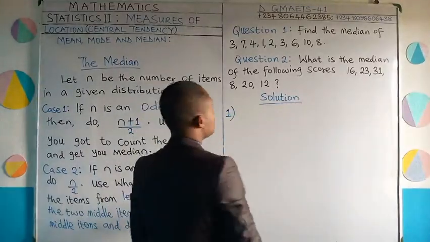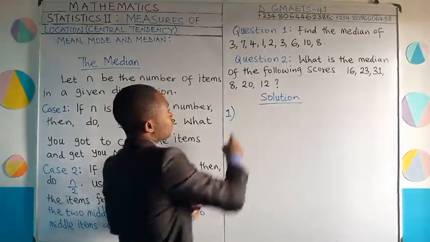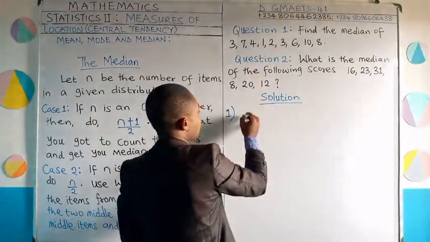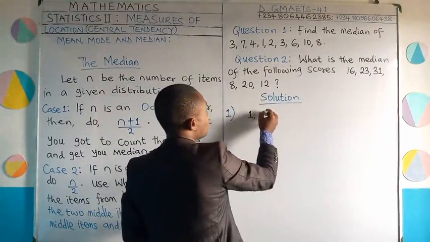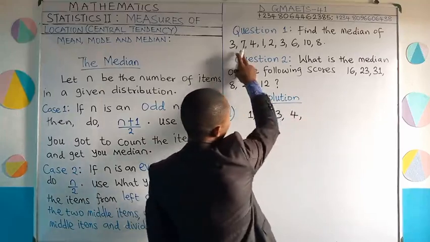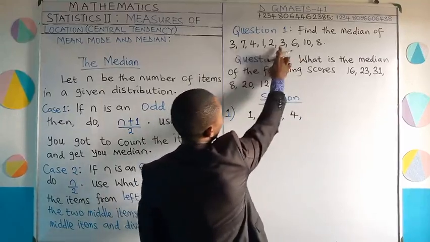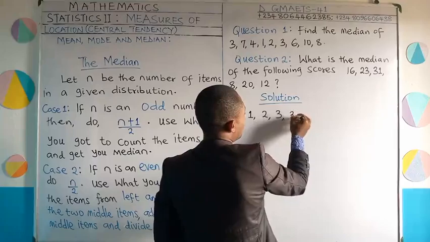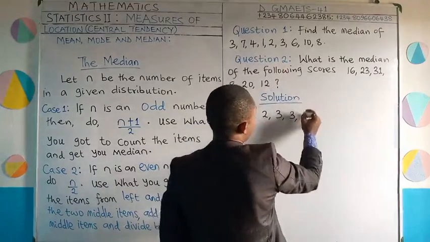So, I want to arrange my distribution. From here, I will start from 1, because 1 is the smallest number there. 1, 2 follows, 3 follows, then we have 4 there. There is no 5. Okay, 3 appeared 2 times, so this is going to be 3, 3, and after 3 we have 4.